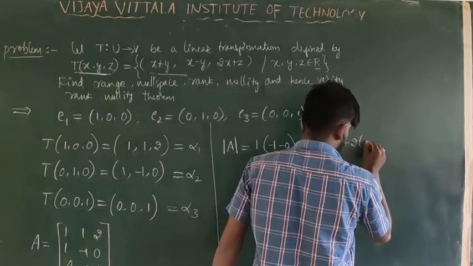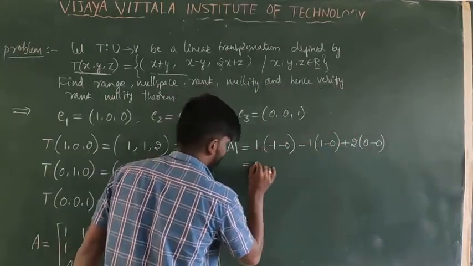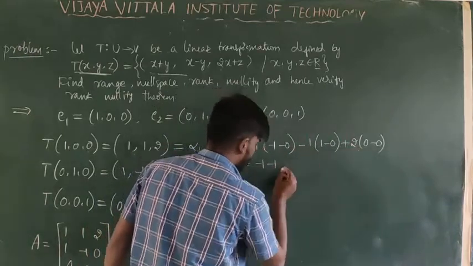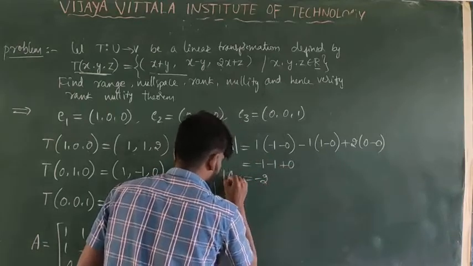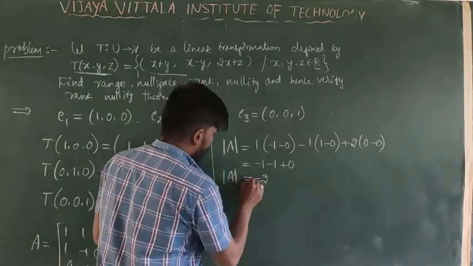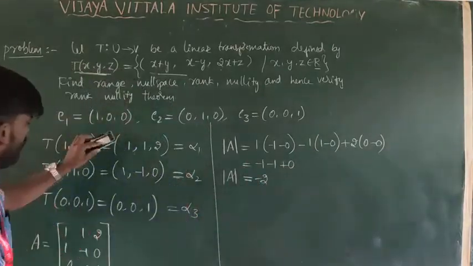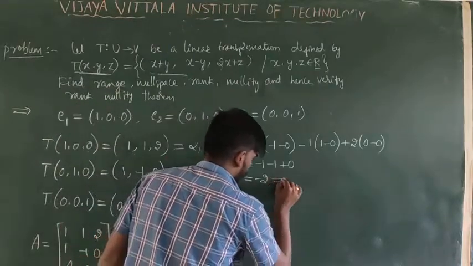This gives 1 into minus 1, and minus 1 into 1, which is minus 1, and this last term becomes 0. Therefore the determinant of A is minus 2. Therefore the determinant value is not equal to 0, so these three vectors are linearly independent.